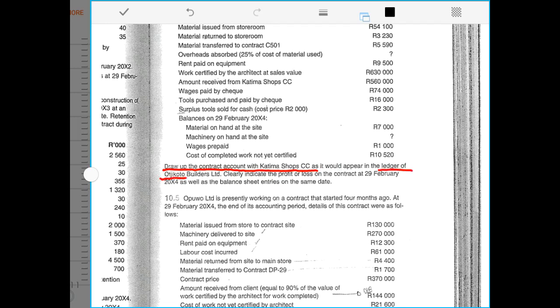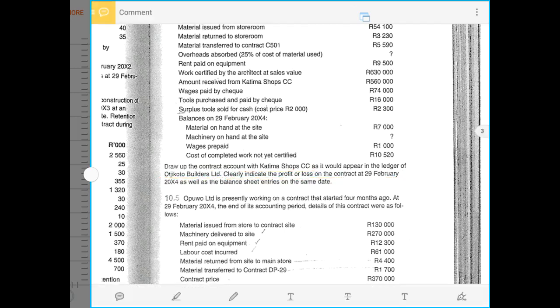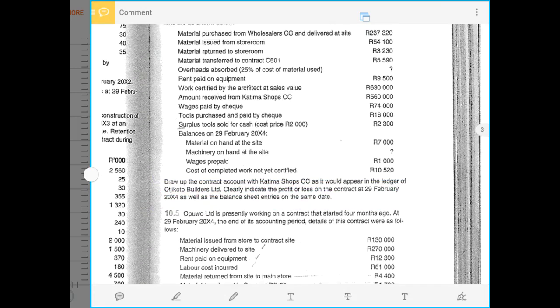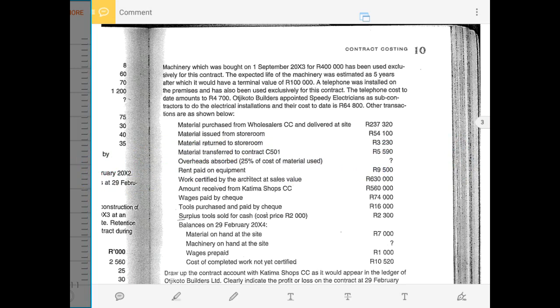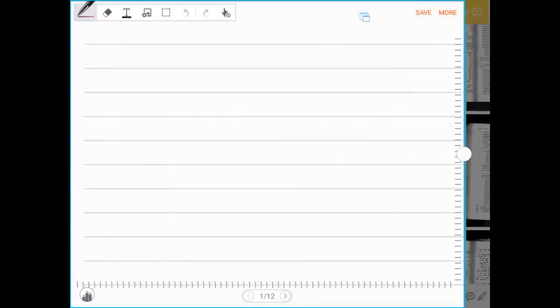So now we are doing the contract account for Odrikoto Builders Ltd. And it further says clearly indicate the profit or loss on the contract account on February 2004, as well as the balance sheet entries on the same date. So now we also have to do the extract of the statement of financial position for entries that will affect that statement. So now let us do the contract account for Kadima Close Corporation.